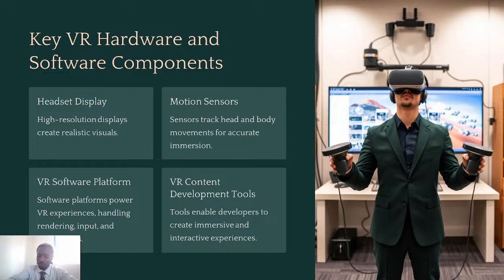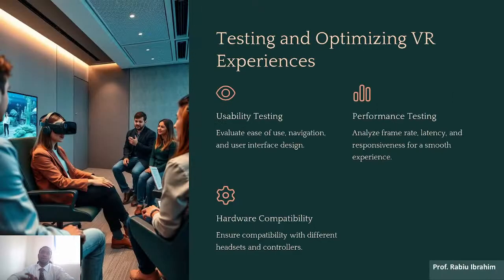So the algorithm will be added and executed in the virtual reality content development tools. Then another part which is quite important is testing and optimizing the virtual reality experience. It is quite important when you build a virtual reality experience to test it.